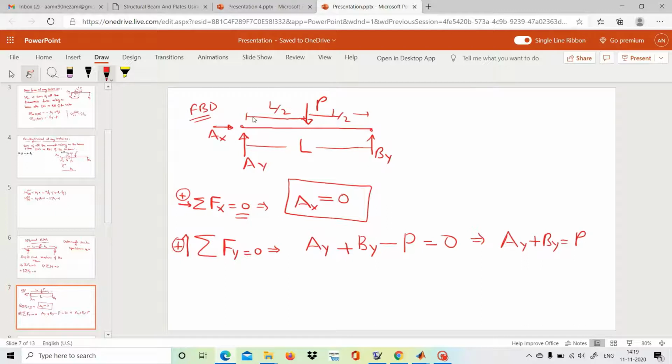Now the third equilibrium equation is what? Summation of all the moments about any point. Suppose we take point A, the moment about A should be 0.